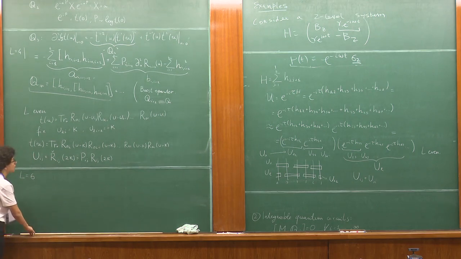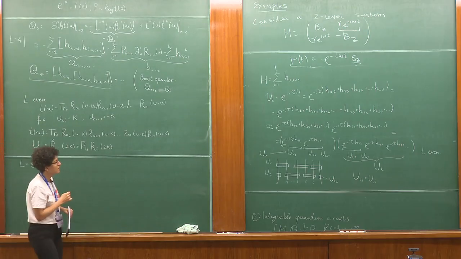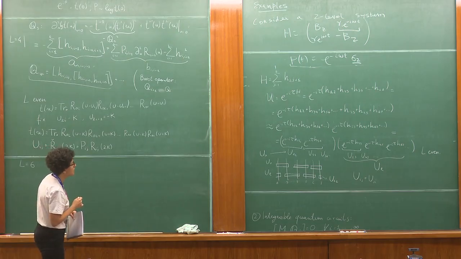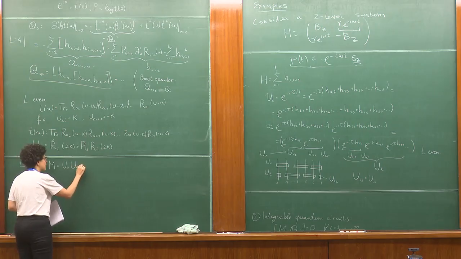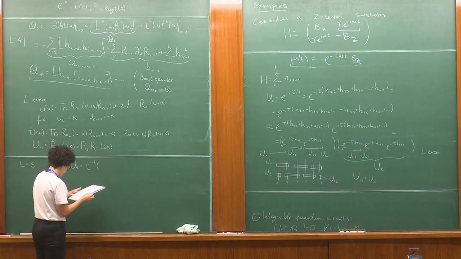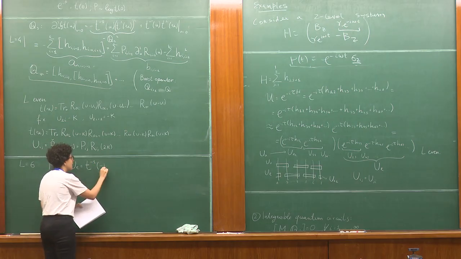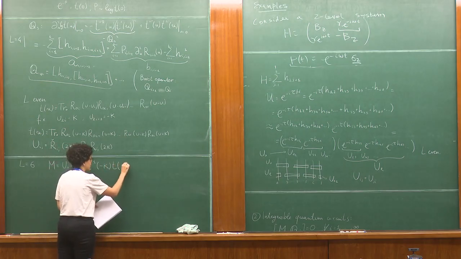I will show you that the operator M, written as U_odd U_even, is equal to the transfer matrix to the power minus 1 of minus kappa, times the transfer matrix evaluated at the point kappa.